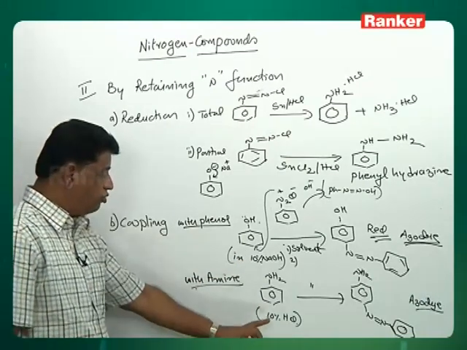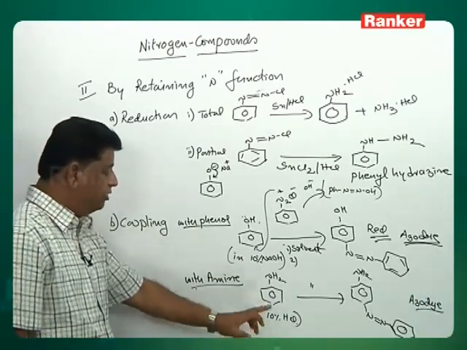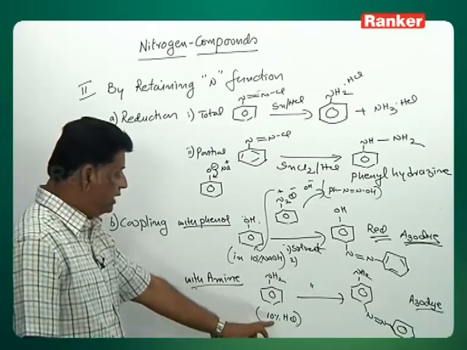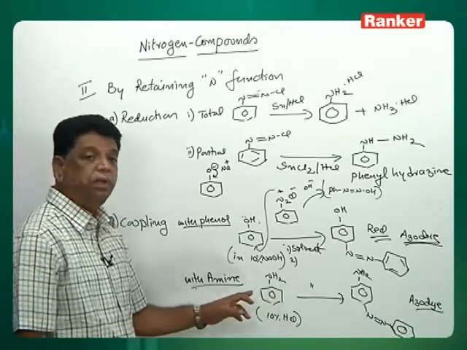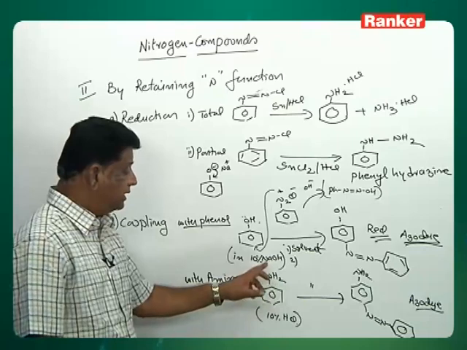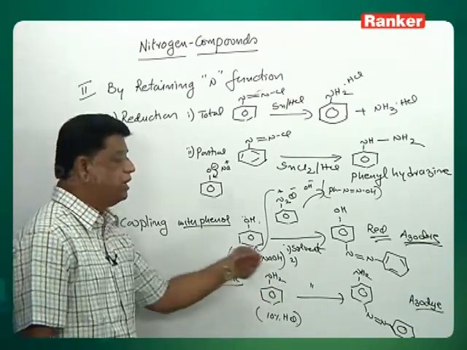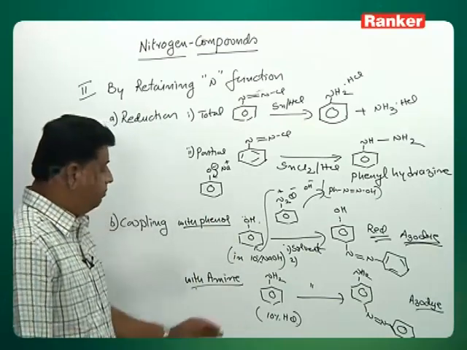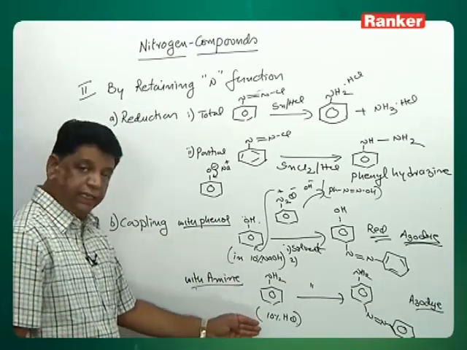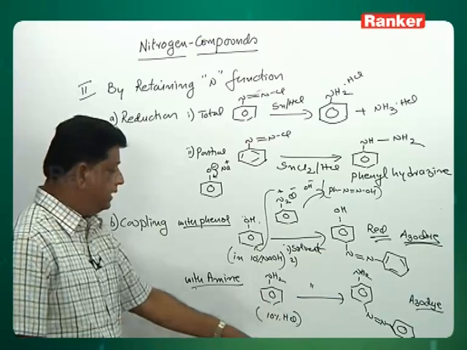Here also, with strong acid, aniline is soluble in HCl, but if you take strong acid, this will become anilinium chloride, NH3 plus Cl minus. NH3 plus is a deactivating group, therefore the reaction will fail. So when amines are used, we need acid, but dilute acid.